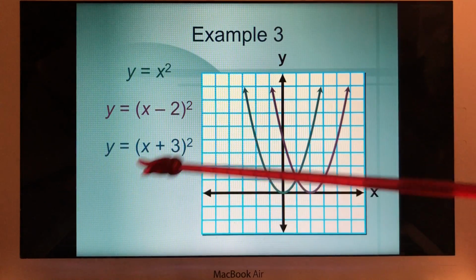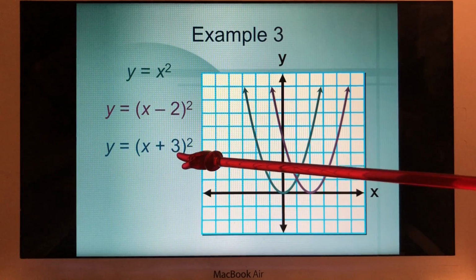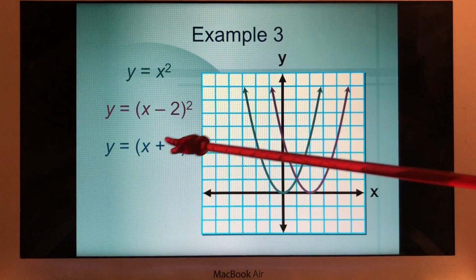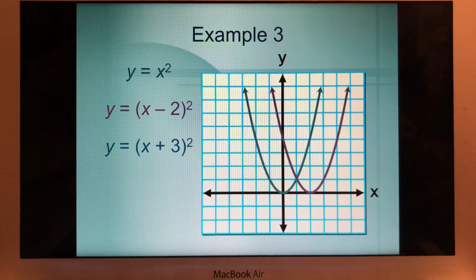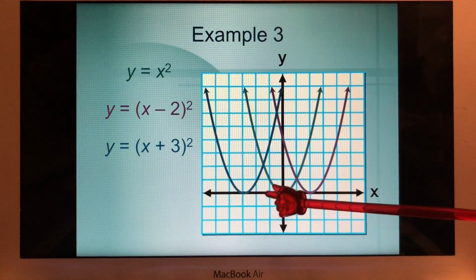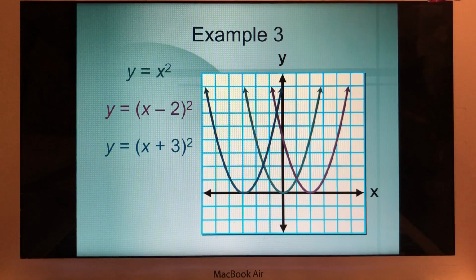Okay, but if we have x plus 3 squared, then because it's plus 3, you're going to actually move your graph over to the left. Look at that, okay, to the negative 3 on the x-axis.